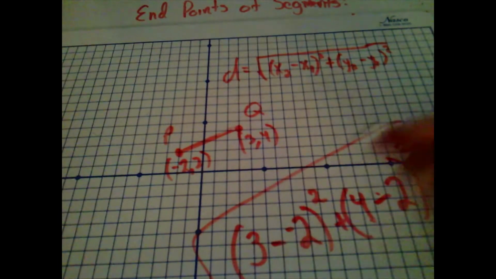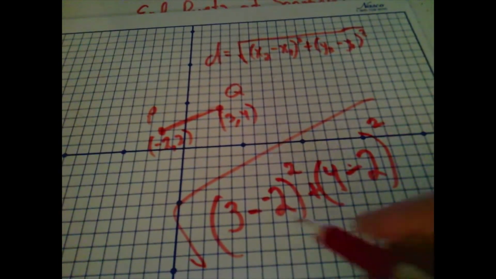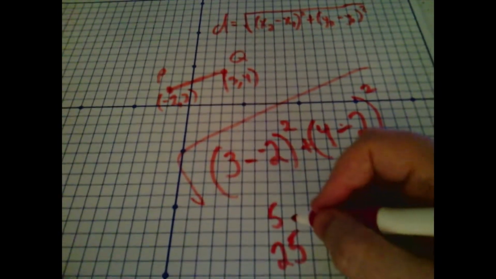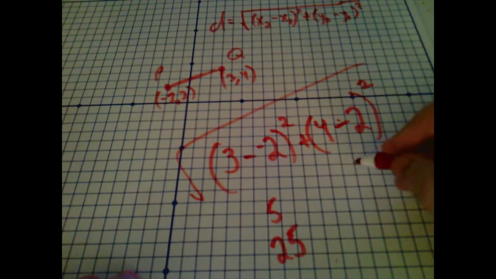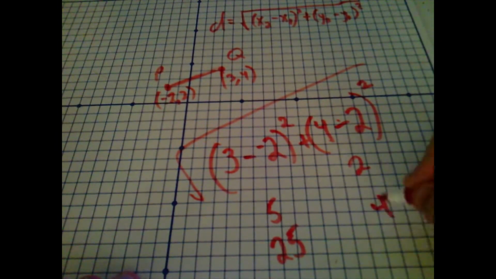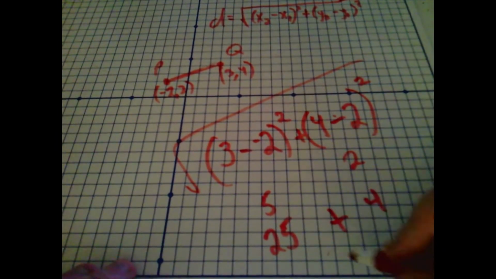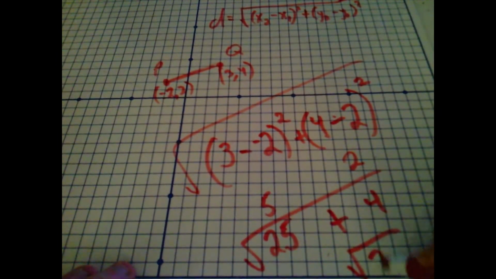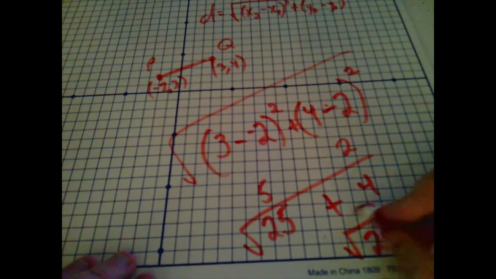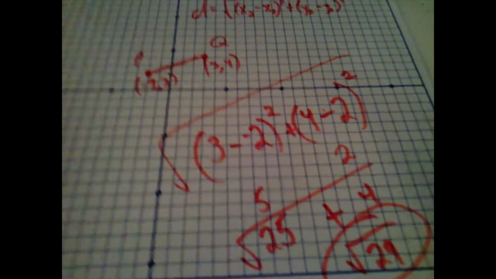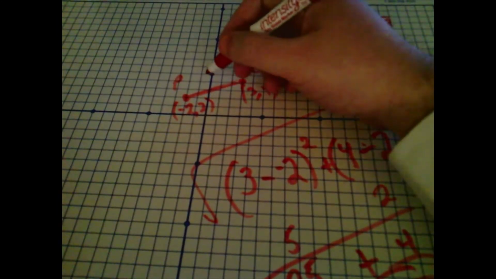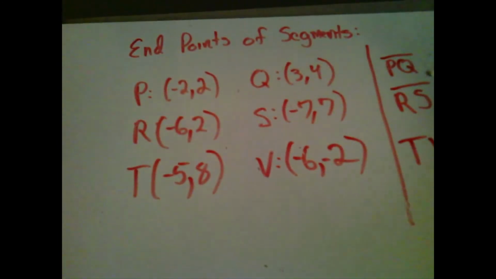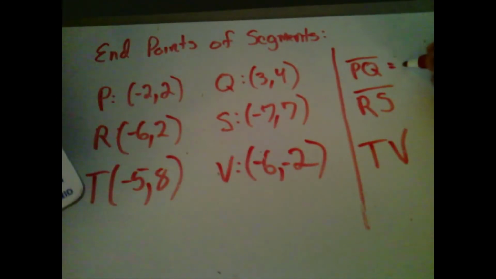We're taking the square root of this whole thing. 3 minus -2, well, that's 5. 5 squared is 25. 4 minus 2 is 2, and 2 squared is 4. Adding these together, we get the square root of 29. So for the distance between P and Q, we have the square root of 29. PQ is equal to the square root of 29.